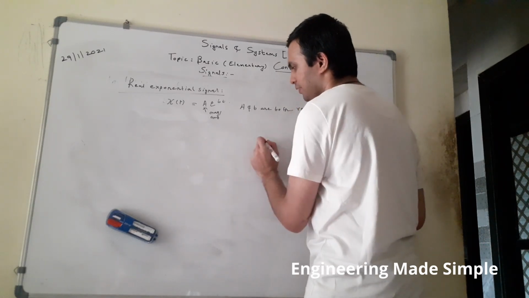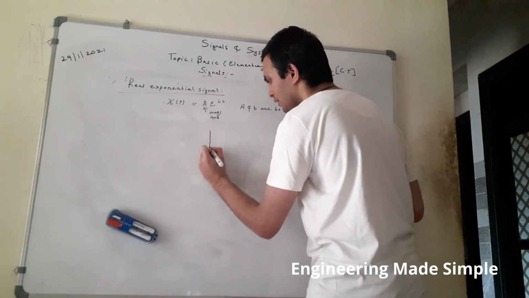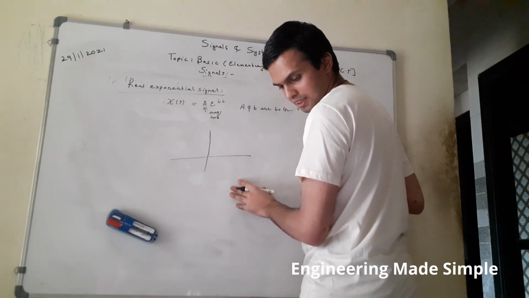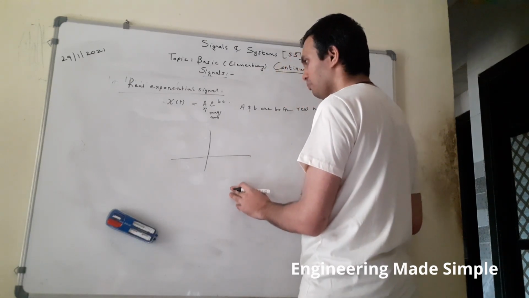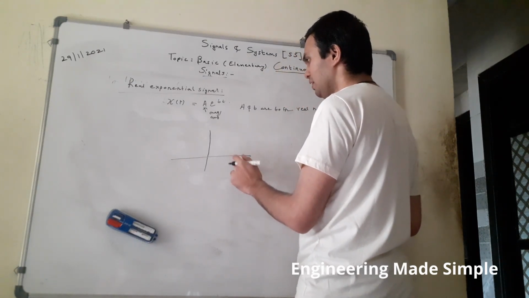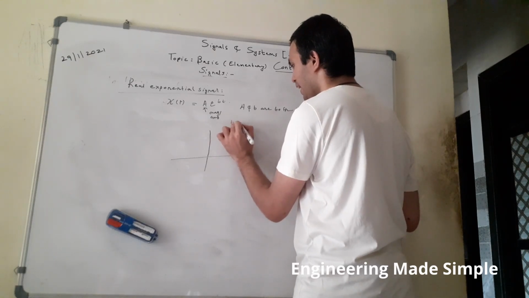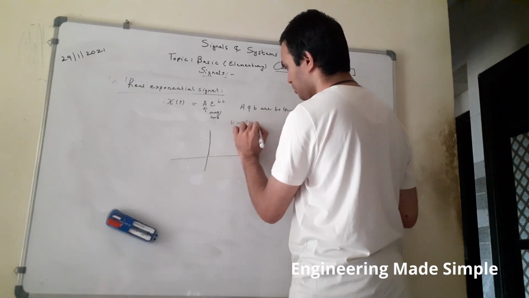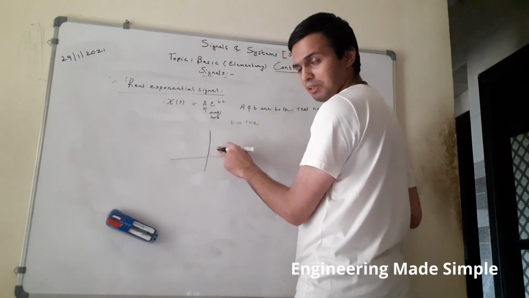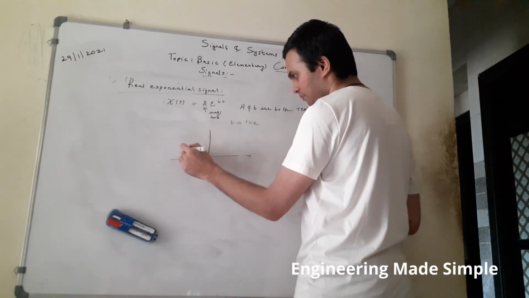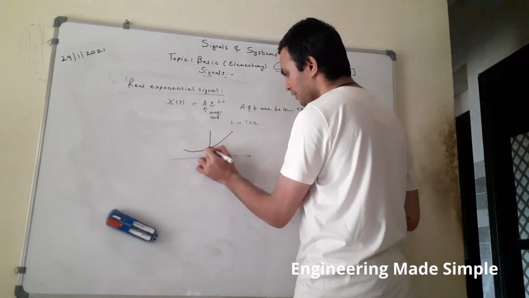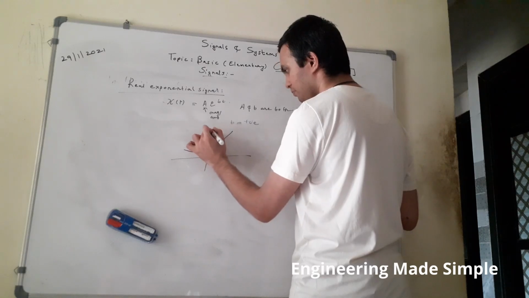So now, the first case will be the increasing exponential signal. Whenever the b value is positive in a e raised to bt, your exponential signal will go on increasing exponentially like this, and it would intersect at a value a.